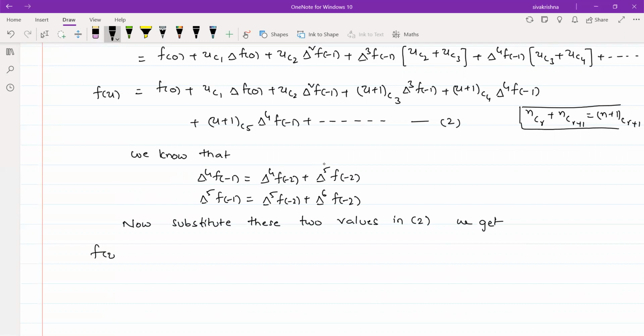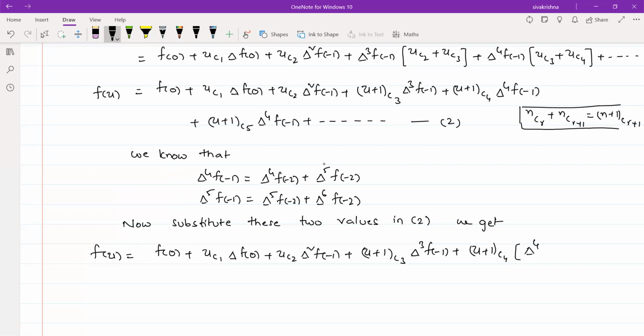f of u is equal to f of 0 plus uc1 into delta f of 0 plus uc2 into delta square f of minus 1 plus u plus 1 c3 into delta cube f of minus 1 plus u plus 1 c4 into delta power 4 f of minus 1, which can be written as delta power 4 f of minus 2 plus delta power 5 f of minus 2.